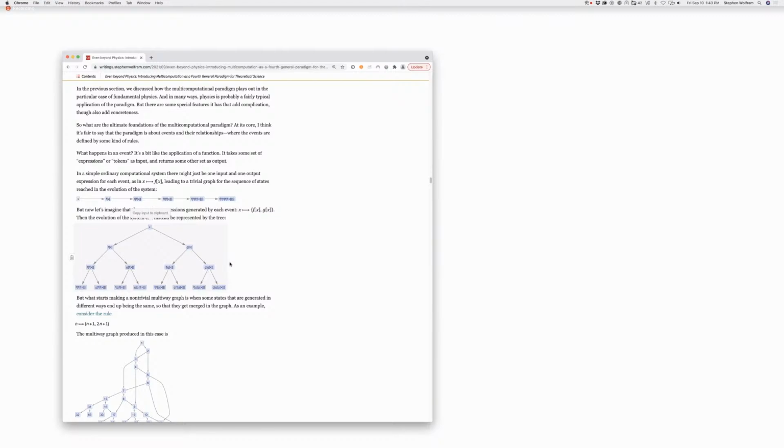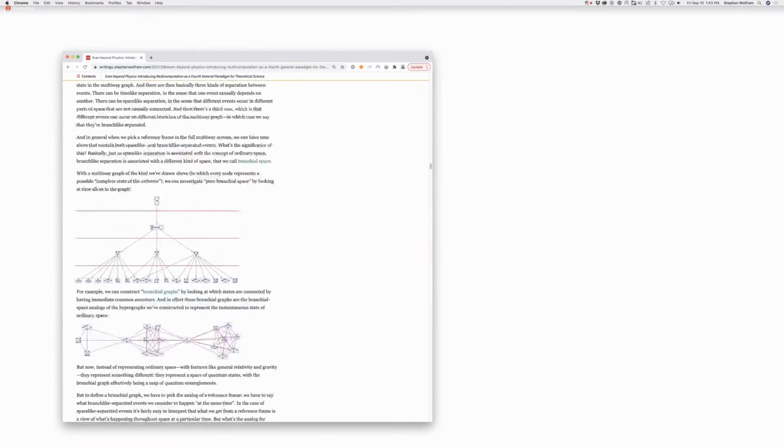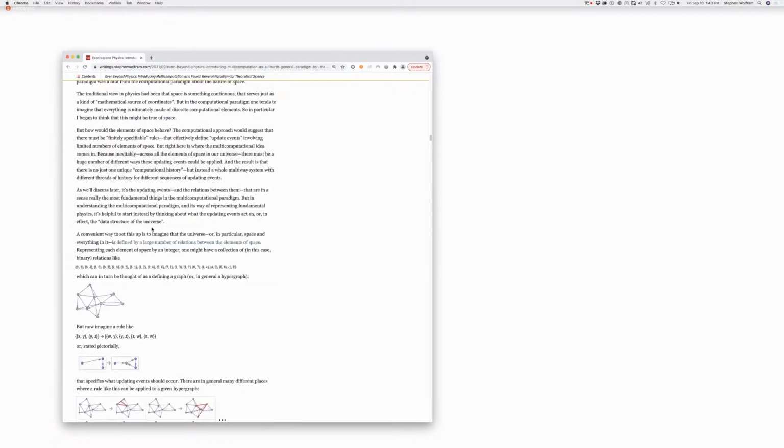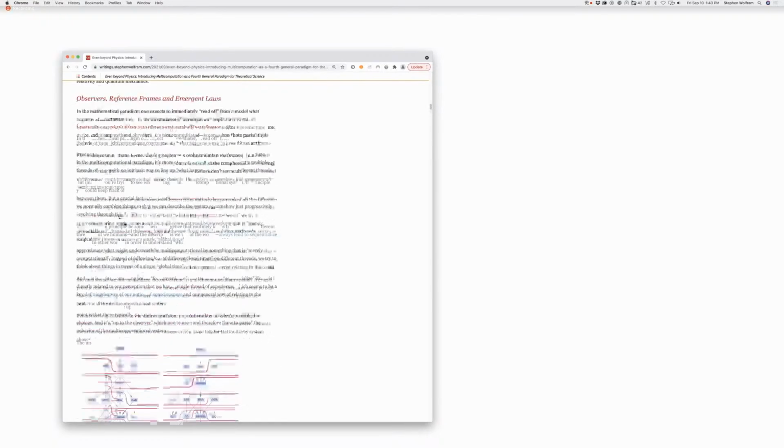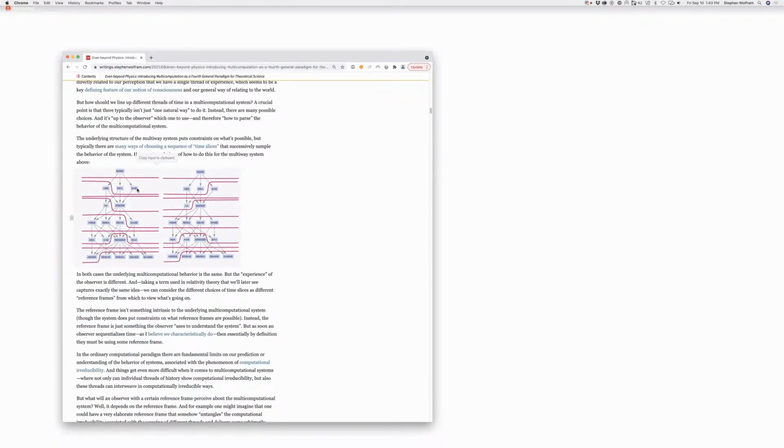Up here, we had some pictures of reference frames in which we said that, for example, the simultaneous elements at this time step will be considered to be these. So in a sense, we're taking this multi-way computation, we're equivalencing things together and saying that's the answer, so to speak.